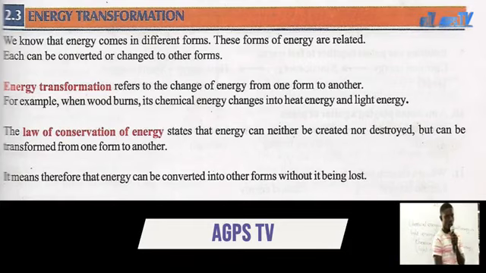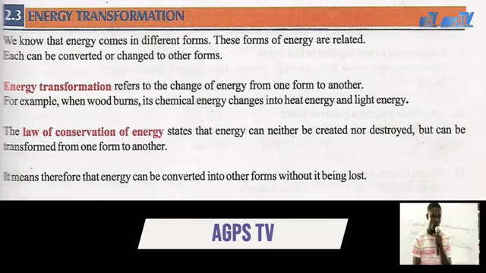It is very important. Now, let's go to another example concerning energy transformation. Now, we have the law of conservation of energy. It states that energy can neither be created nor destroyed, but can be transformed from one form to another.